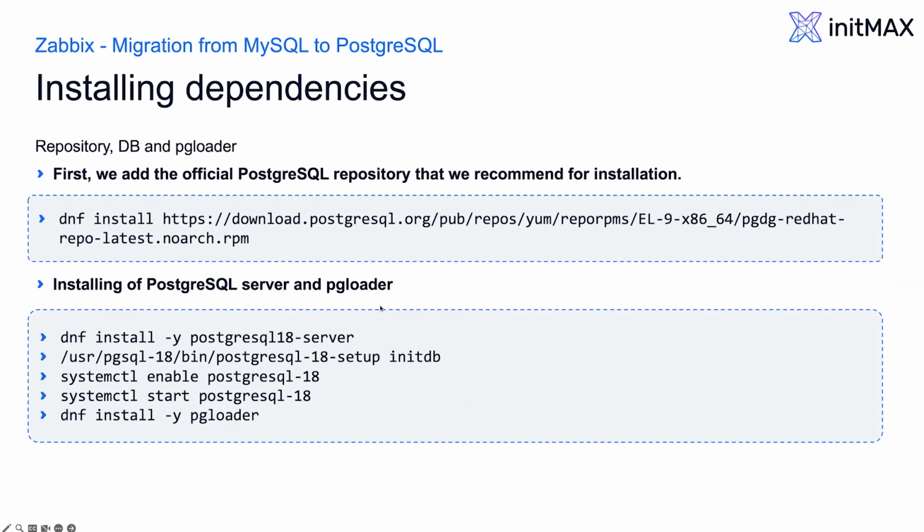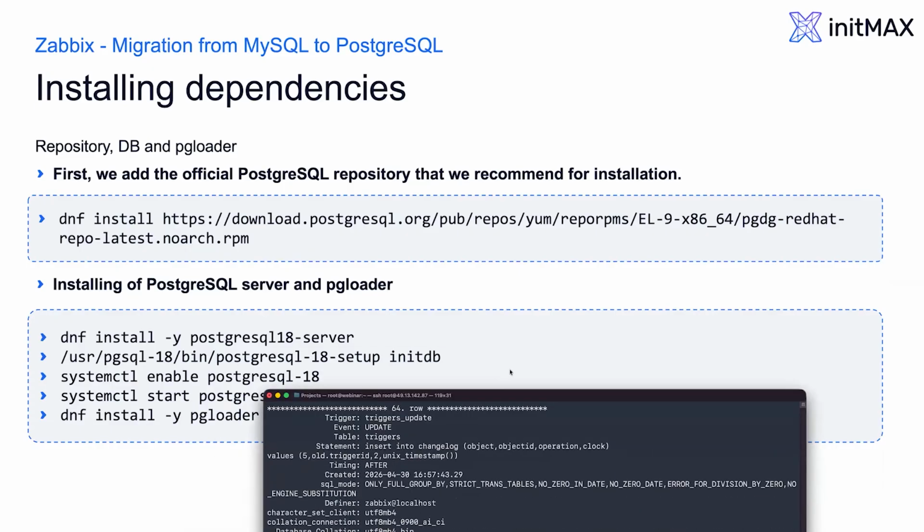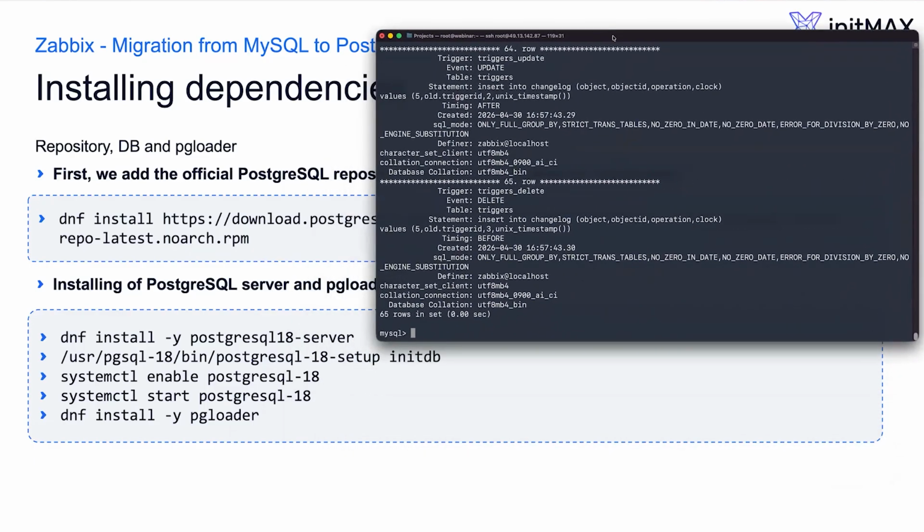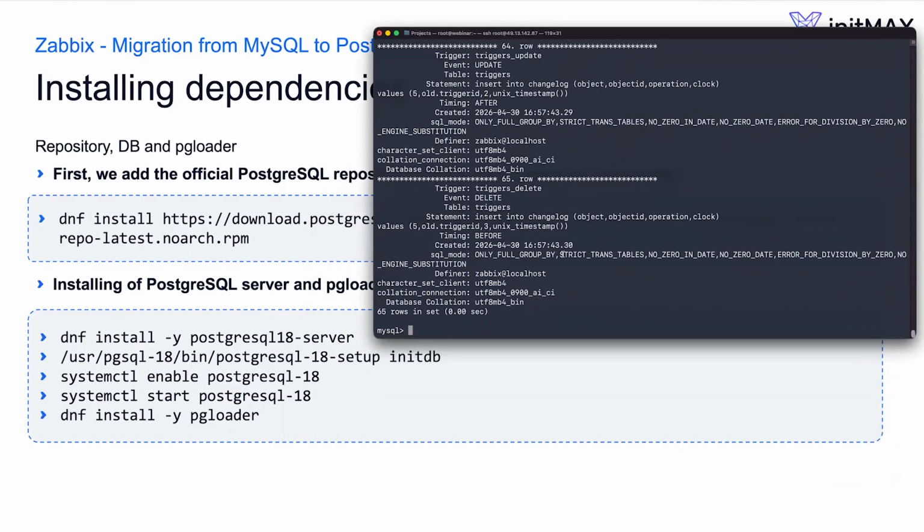The first thing that we need to do is add the official PostgreSQL repository that we recommend for the installation. Right now, the latest and greatest is PostgreSQL 18. Don't run just DNF install PostgreSQL, whatever. Always install the latest repository from there.